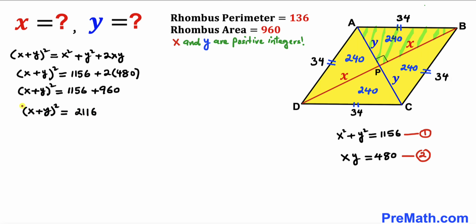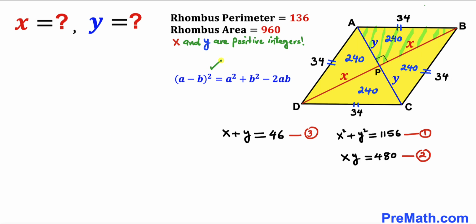Taking the square root on both sides, x plus y equals positive 46. Let me call this equation number 3.